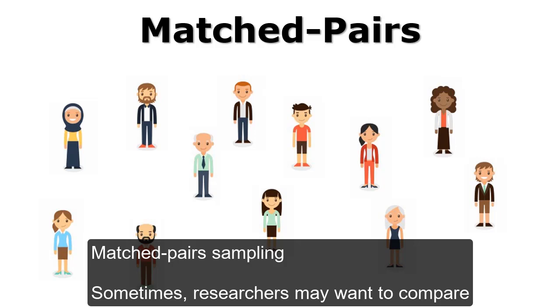So here's an example that may or may not be ethical, but we're going to talk about it anyway, about teachers. Suppose researchers want to determine how paying teachers more would affect their job performance and attitudes about teaching. So based on the literature, the researchers recognize that in many elementary school settings, there are far more female teachers than male teachers, and teaching experience as well as salary are not evenly distributed between the males and females.